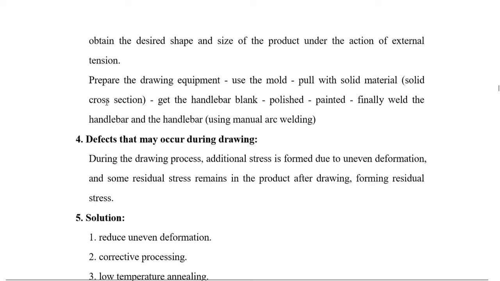This is the handlebar manufacturing process. First, prepare the drawing equipment and the die, then apply it to the solid material, and then get the handlebar back and place it.